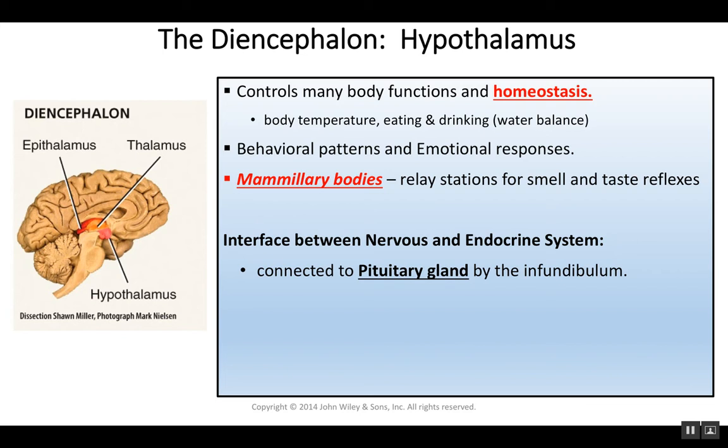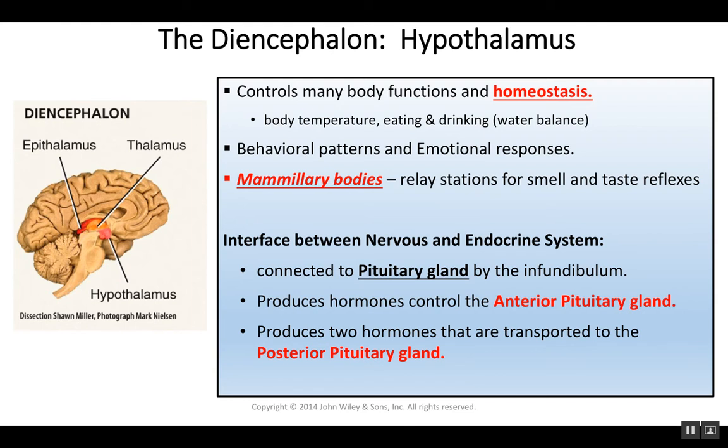Because the way the hypothalamus influences the pituitary is largely by hormones. So it produces hormones that control the anterior pituitary, and it sends hormones to the posterior pituitary. This is going to be more of an idea that we'll need to know when we get to the endocrine system, but your pituitary gland has two glands in one.